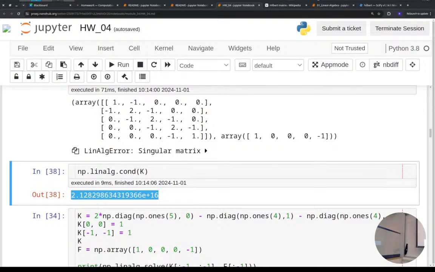In this case, it's really big. That means the problem is badly conditioned. It's the most impressive thing you can say about something like this: this problem's not solved. Have you checked the condition number?